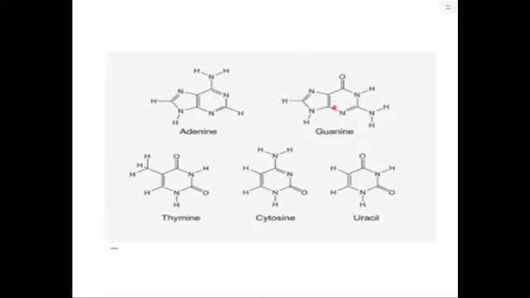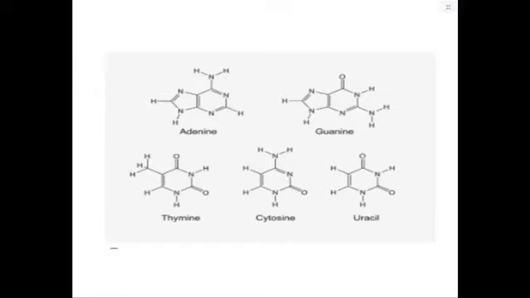Guanine, at position number 6, has an oxo group and an amino group at position number 2. Adenine and guanine are purines. And then we have thymine, which is a derivative of uracil, where position 5 has a methyl group.